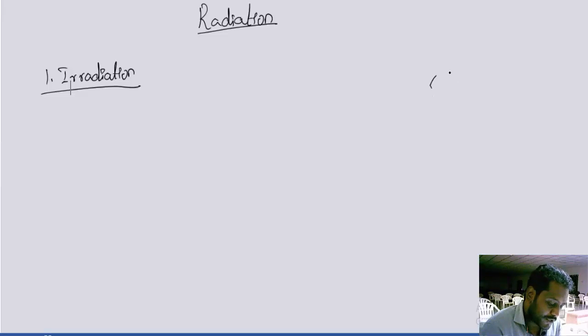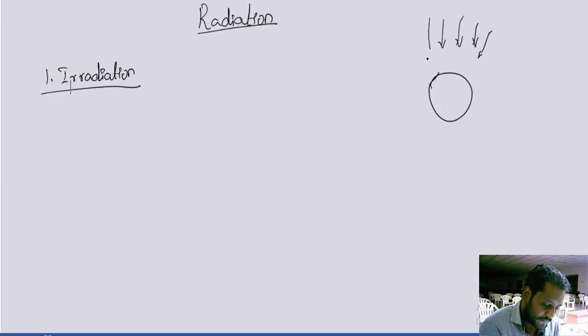Now consider an object on which solar radiation falls. Irradiation is nothing but the total amount of solar radiation incident upon a body.